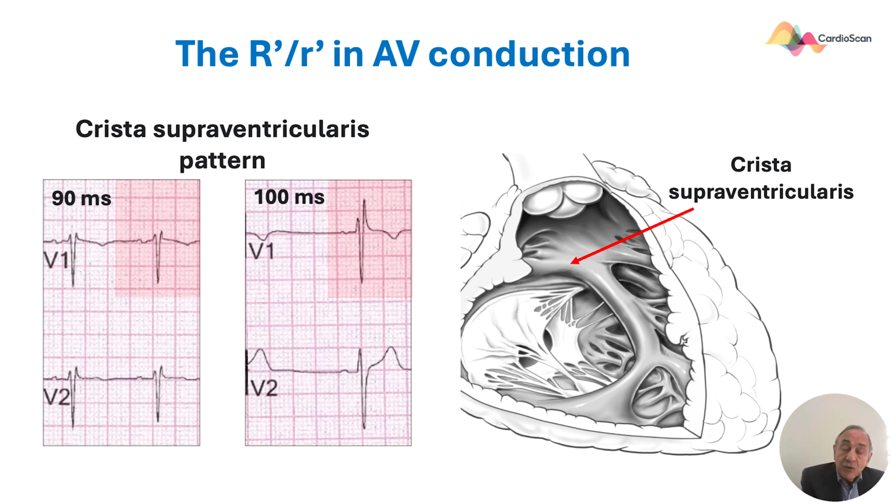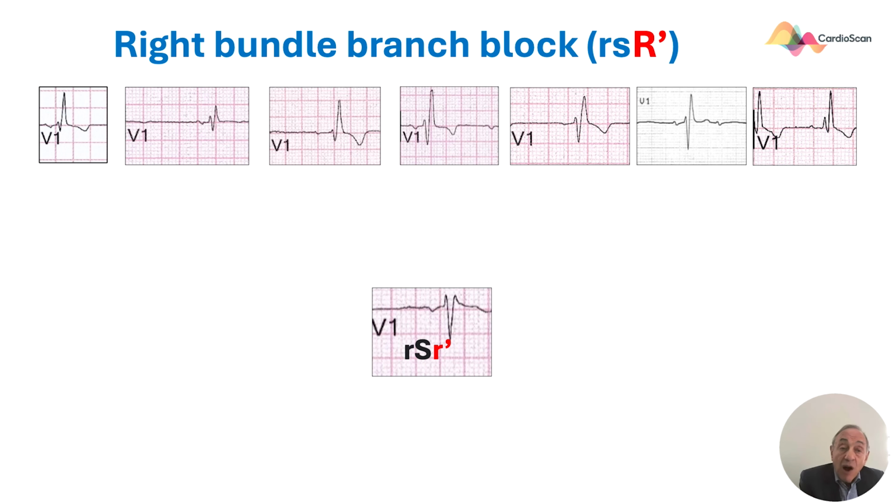Now, the crista supraventricularis is believed to be the last part of the ventricle to be depolarized, and hence the R prime. So when we have a right bundle branch block, as you can see above, there is a dominant R wave as the R prime in virtually all the illustrations shown, and I've looked through many of these and they're always similar.